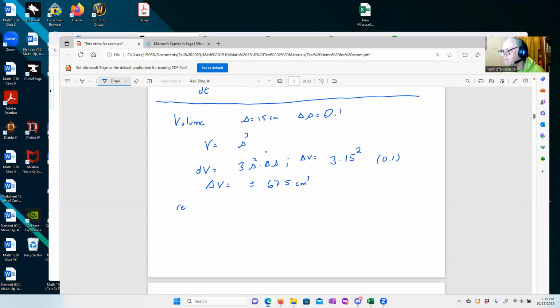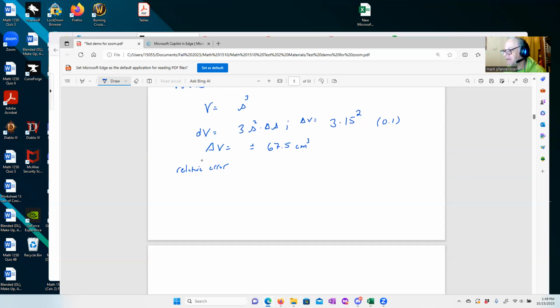Relative error. All we do is divide by V. We're going to take delta V over V, which is equal to 3s squared times delta s over V. V was s cubed.